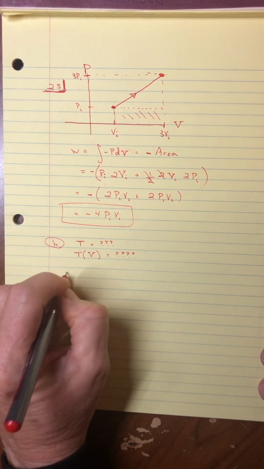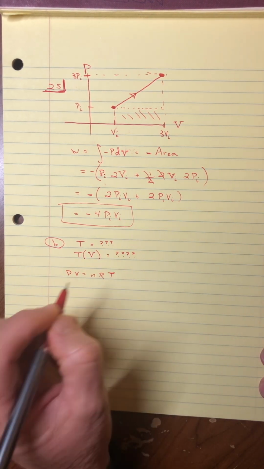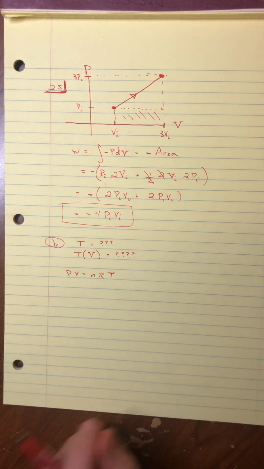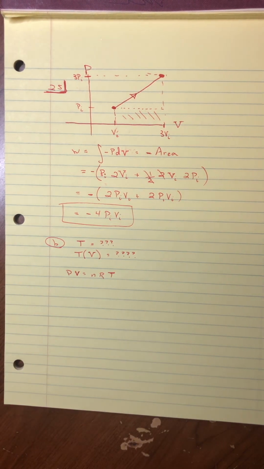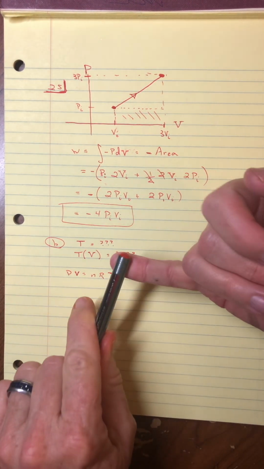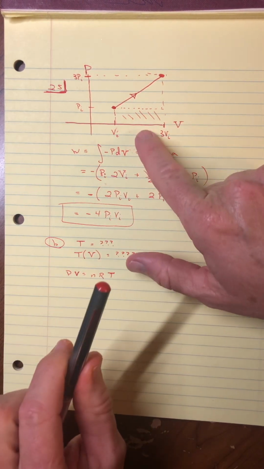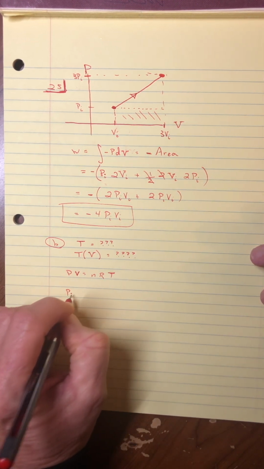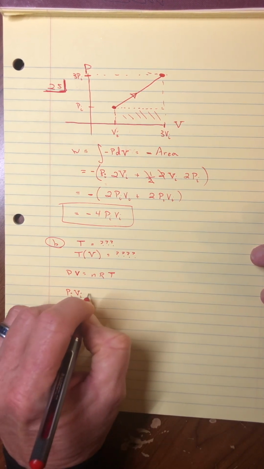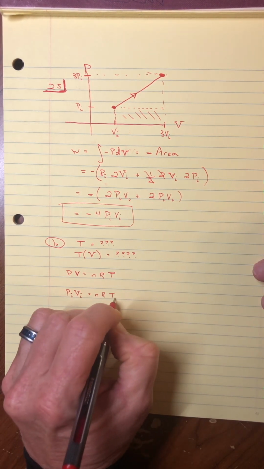So what I'm going to take advantage of is PV equals nRT, and what's really nice about this equation is, remember, it works for all our processes. It works for the isovolumetric, the isobaric, the isothermal, and the adiabatic, but it also works for this Santa Barbara process. So you might have something like this: the initial pressure times the initial volume is equal to nR times the initial temperature.